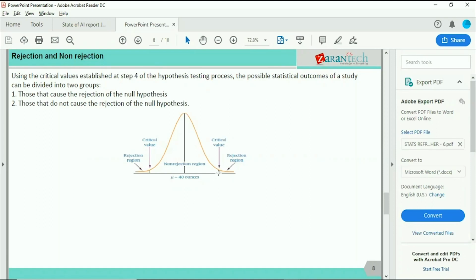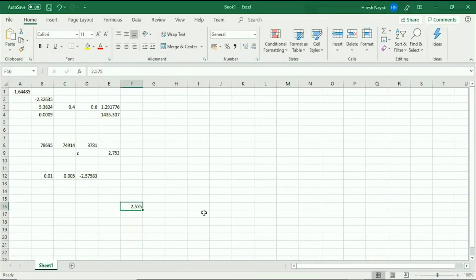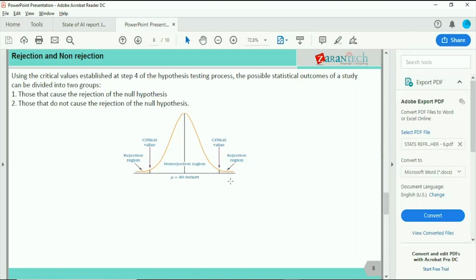The normal curve is saying that if you have to have a confidence of 99%, the Z value will lie between plus 2.575 and minus 2.575. If it lies beyond that, you will have to reject the null hypothesis.